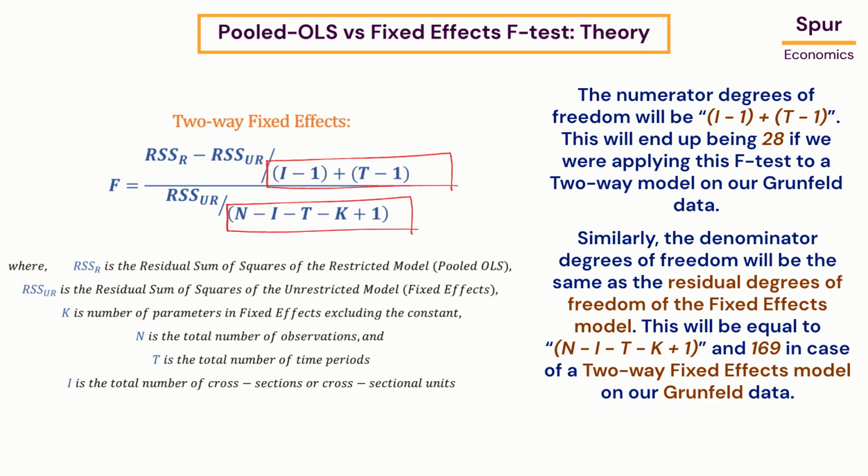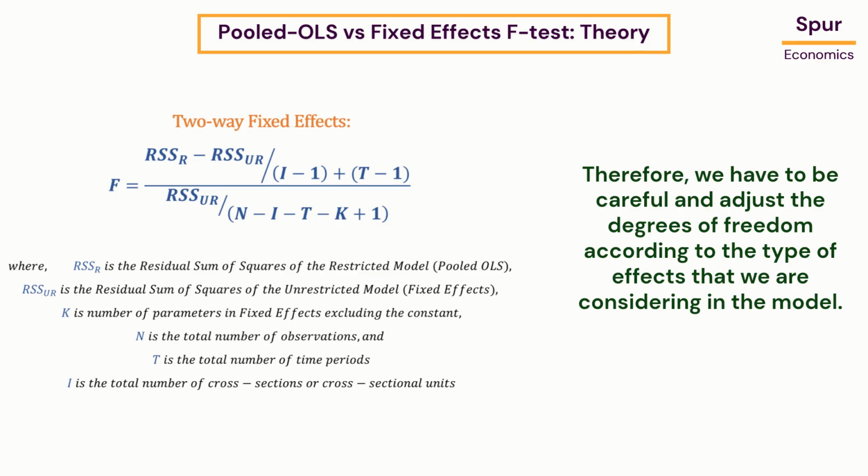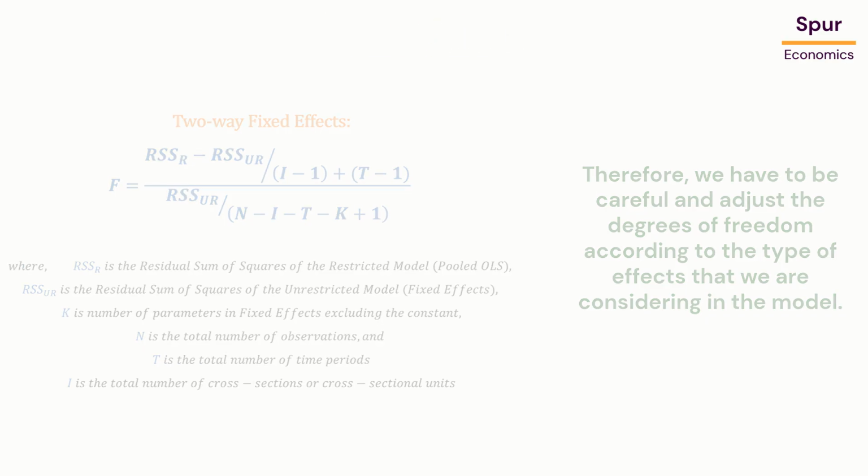Similarly, the denominator degrees of freedom will be the same as the residual degrees of freedom of the fixed effects model. This will be equal to N-I-T-K plus 1 and 169 in case of a two-way fixed effects model on our Grunfeld data. Therefore, we have to be careful and adjust the degrees of freedom according to the type of effects that we are considering in the model.